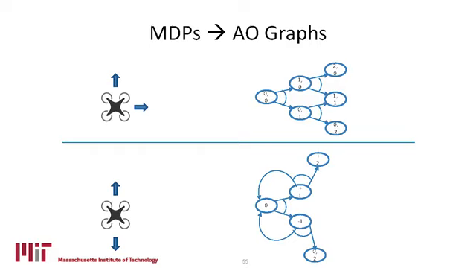One simple one where we could apply the AO star algorithm is where you have a quadcopter. And if you command an action north, you have a high probability of going north, but you might go east. And vice versa. You go east, you might go north. This is expressed here with this growing tree and these and edges that connect. But despite the action that we might command from 0,0, we might end up in 1,0 or 0,1, right?